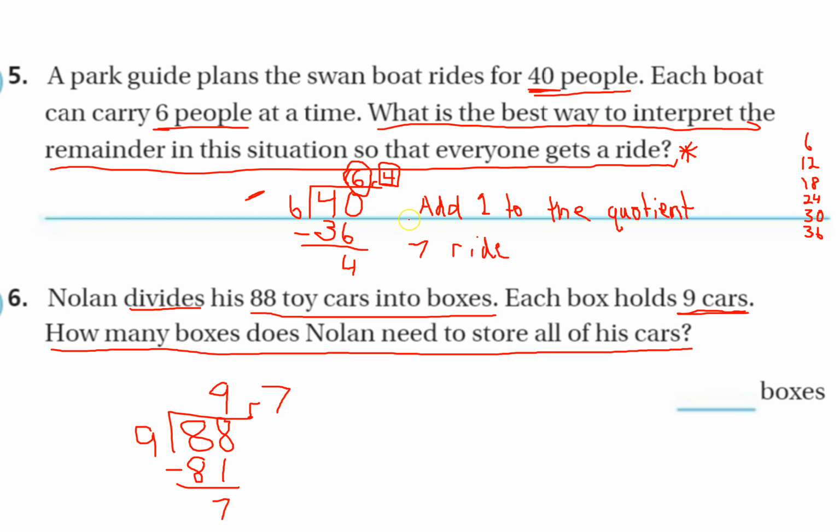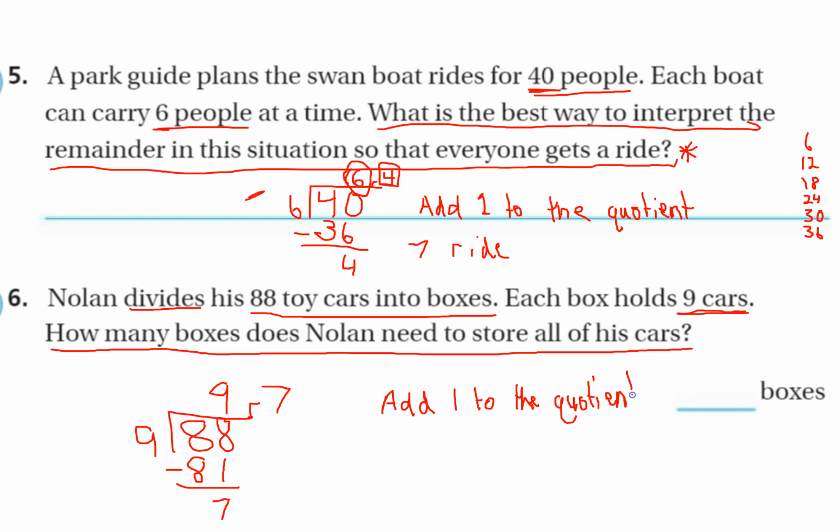So it's very similar to number 5. We just add 1 to the remainder. Or excuse me, add 1 to the quotient. And this is just to remind me, this question is a little different, because in this question they just want to know, hey, how many boxes do we need?